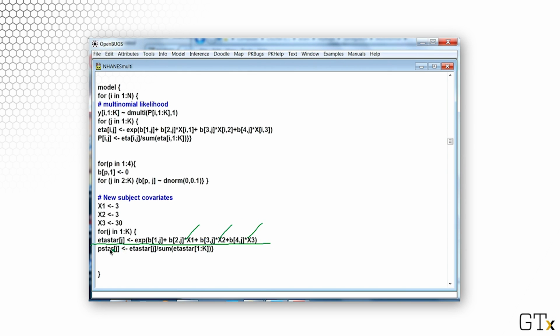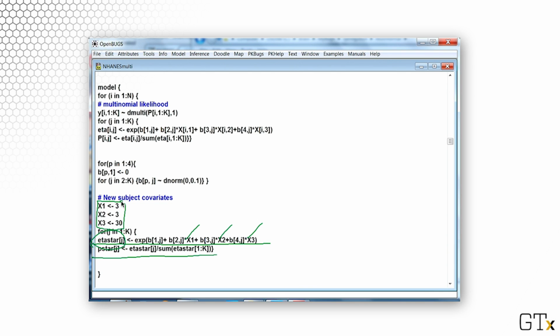You get the linear combination for that subject corresponding to each of the j categories, and you normalize this to get the probabilities. That is simply P star j, the probabilities of categories j equal 1, 2, up to capital K for the subject having these covariates.